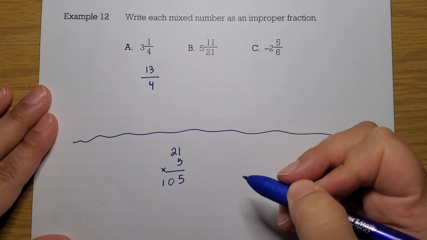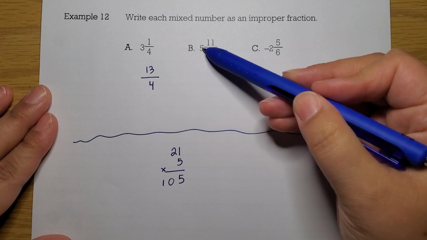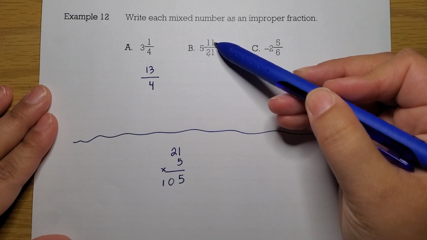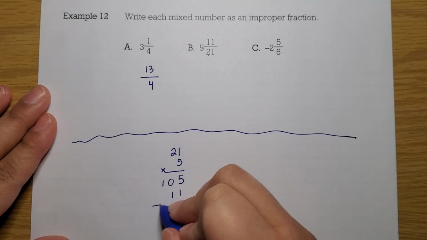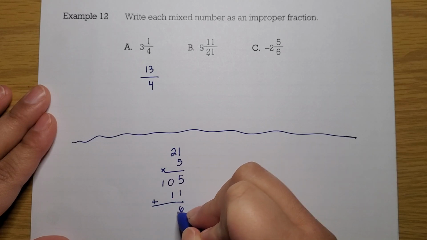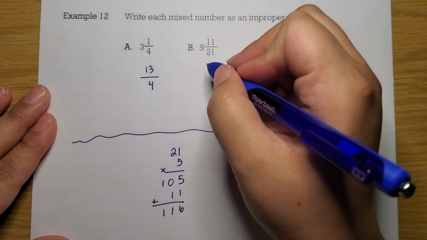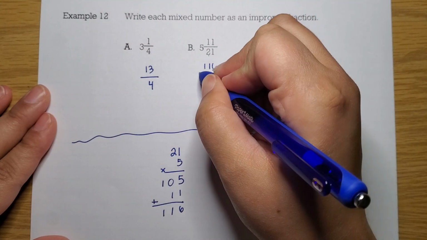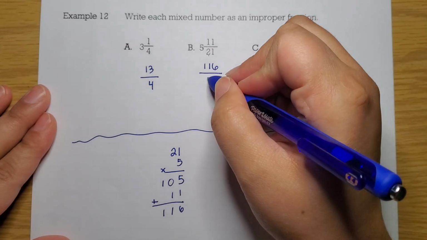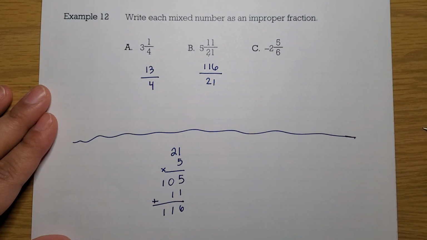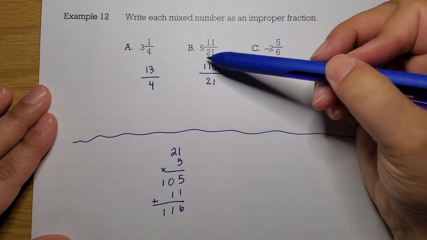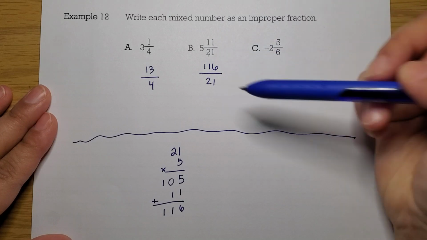So I did 21 times 5 and now we have to add 11. That's going to give us 116. So we have 116 up top, and our denominator is 21. That's it. So you do a multiply and an add, and you keep the bottom the same.